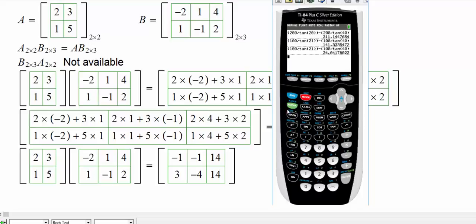So now we will quit out of it. Let's just quit here and go to matrix again. And now we would like to do what? Multiply those two matrices. I think an easier way would be this, that we can just recall them from here.